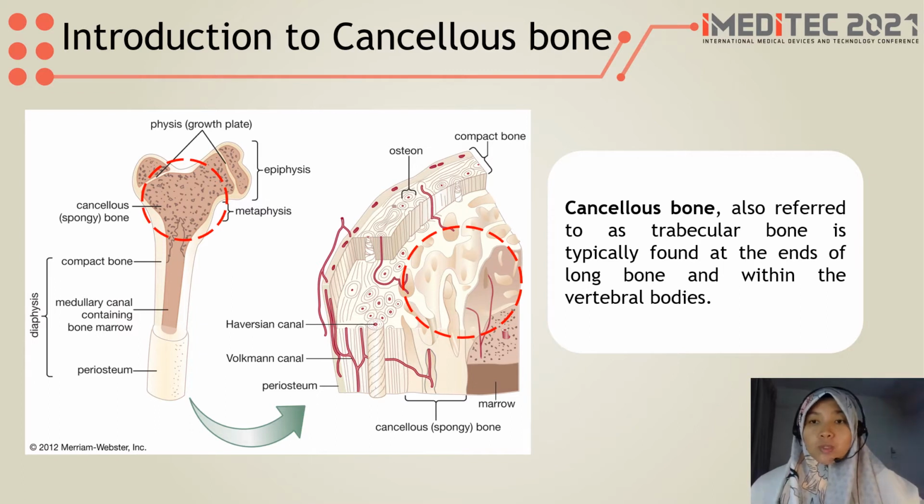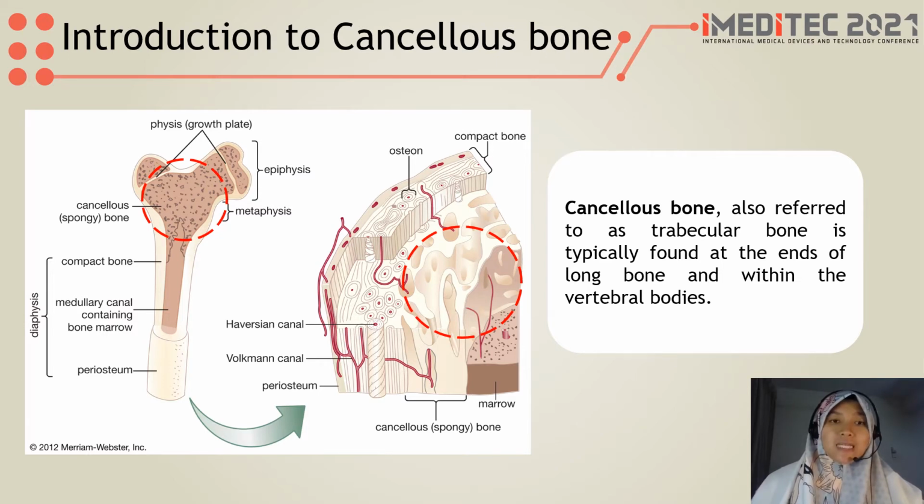Cancellous bone, also referred to as trabecular bone or spongy bone, is typically found at the ends of long bones and within the vertebral bodies. Here in the figure is a section of the femur bone, where the dashed area shows the location of the cancellous bone.